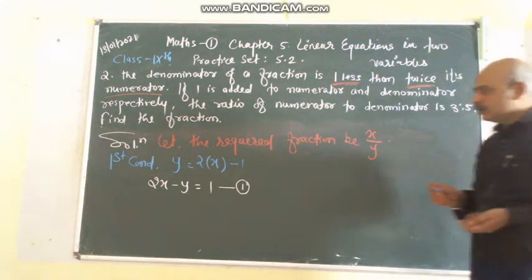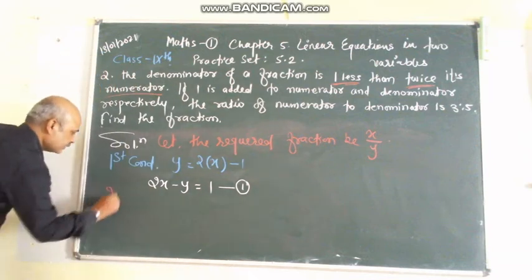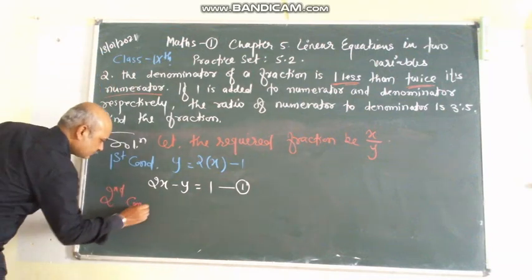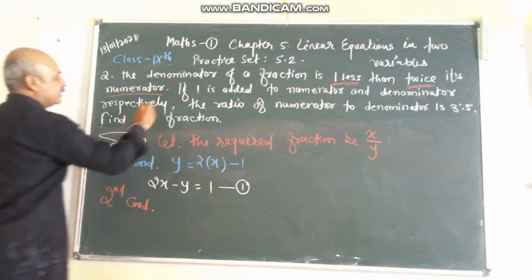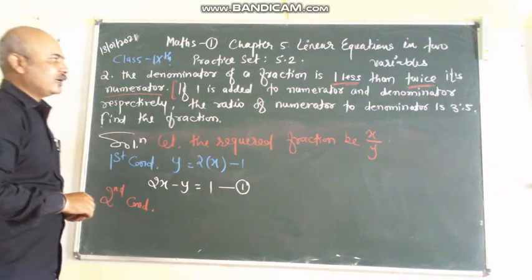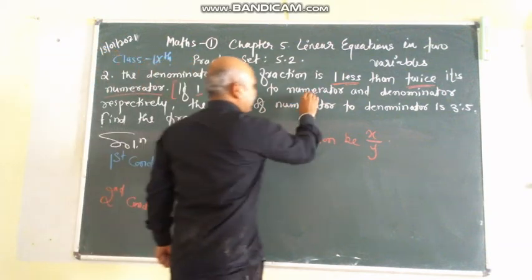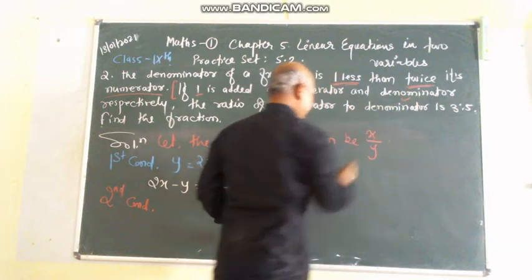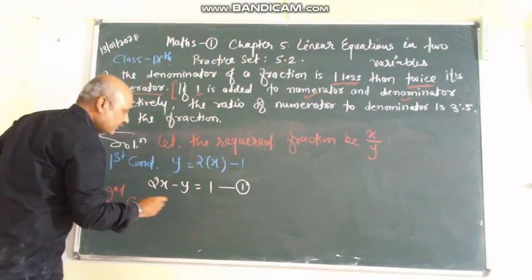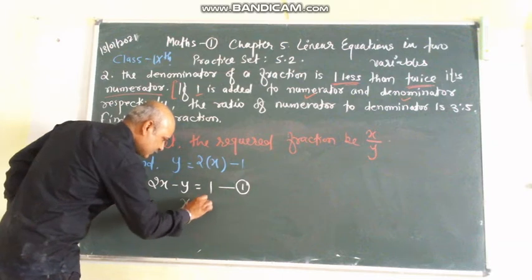Now for the second condition, what is the second condition, student? If 1 is added to numerator and denominator, what is the numerator? The numerator is x, so you are adding plus 1.